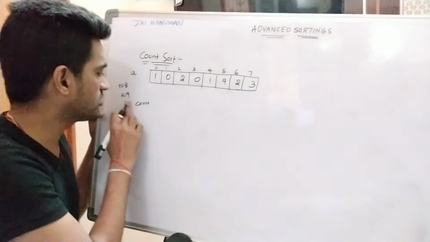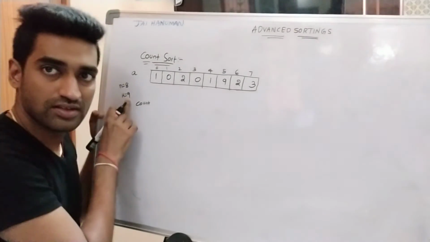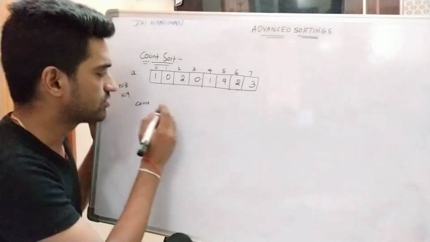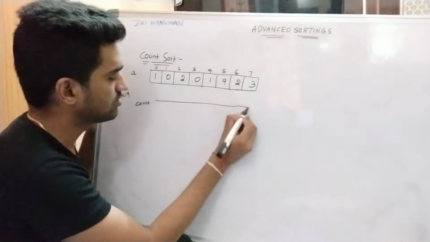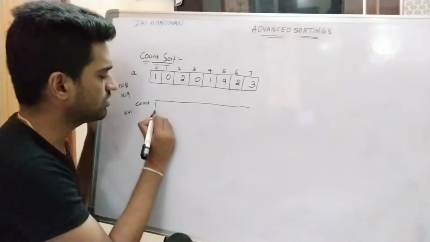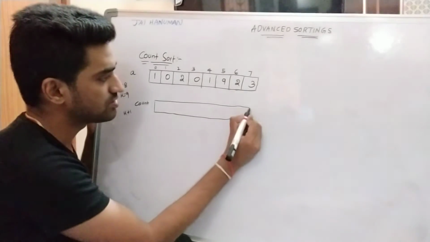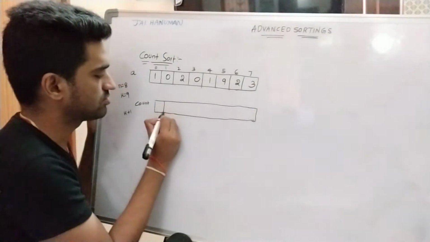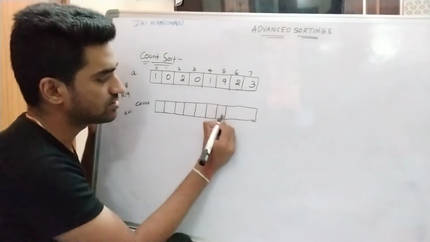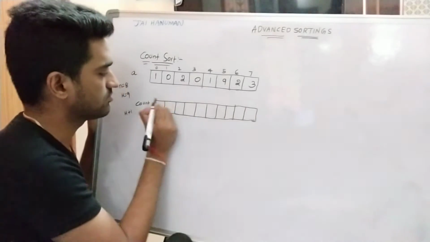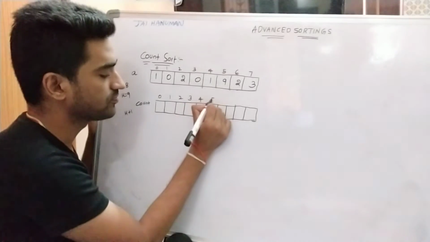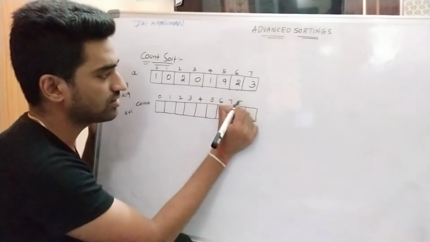The maximum value is 9, so the size of the count array is 10, starting from 0 to 9: 0, 1, 2, 3, 4, 5, 6, 7, 8, 9.